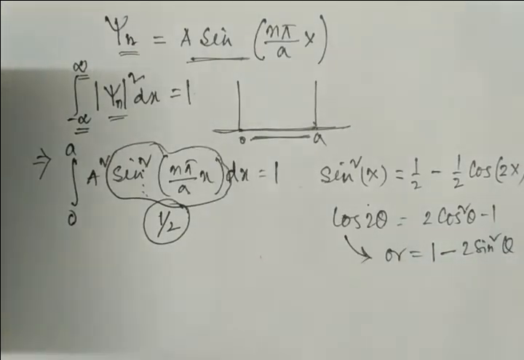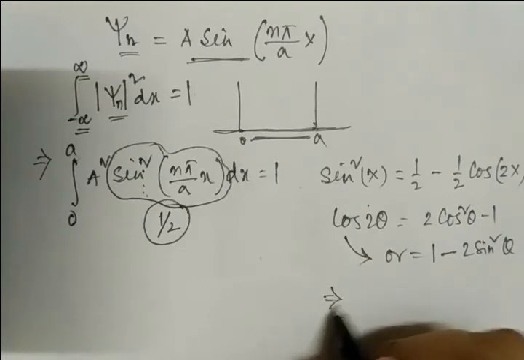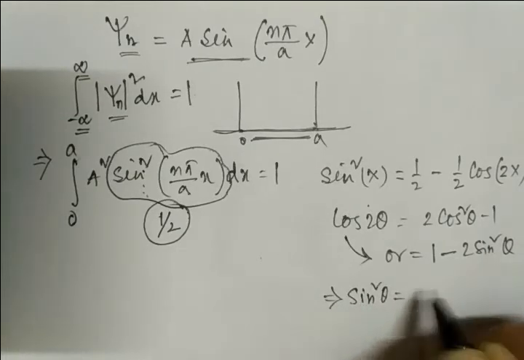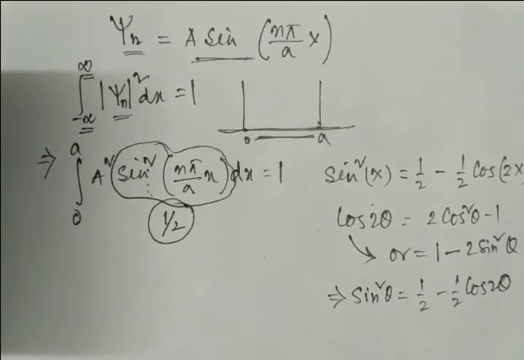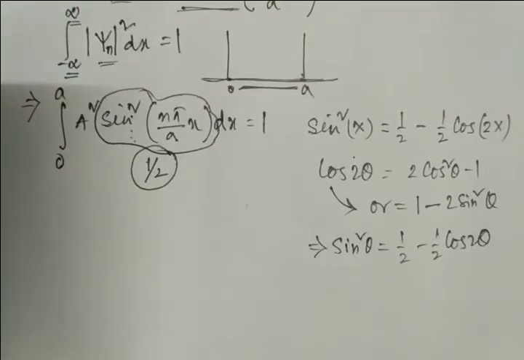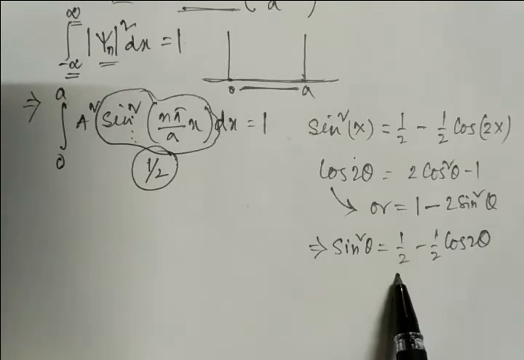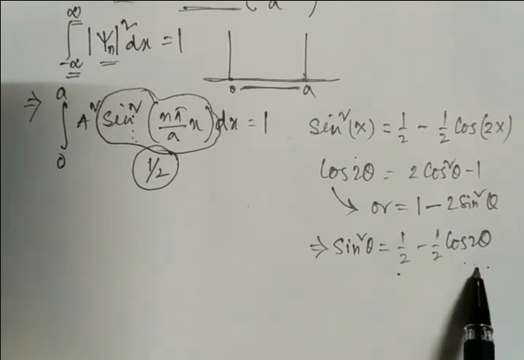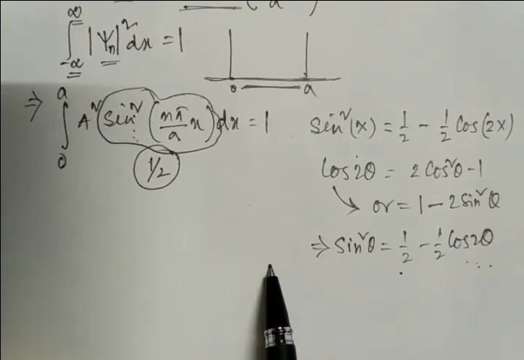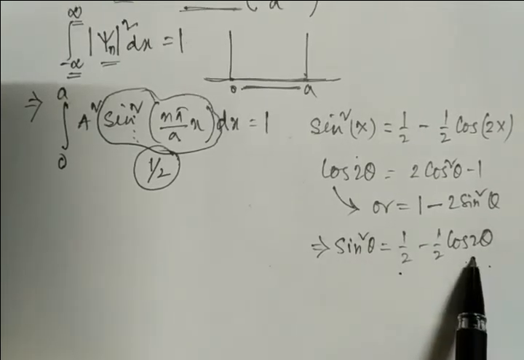So if we use this concept, we will easily know that sine squared theta equals half minus half of cos 2 theta. So if we segregate this term, that is half of dx minus half of cos 2 theta of dx, but here we are not considering the cos term, because in the preliminary portion we have already eliminated the cos term.